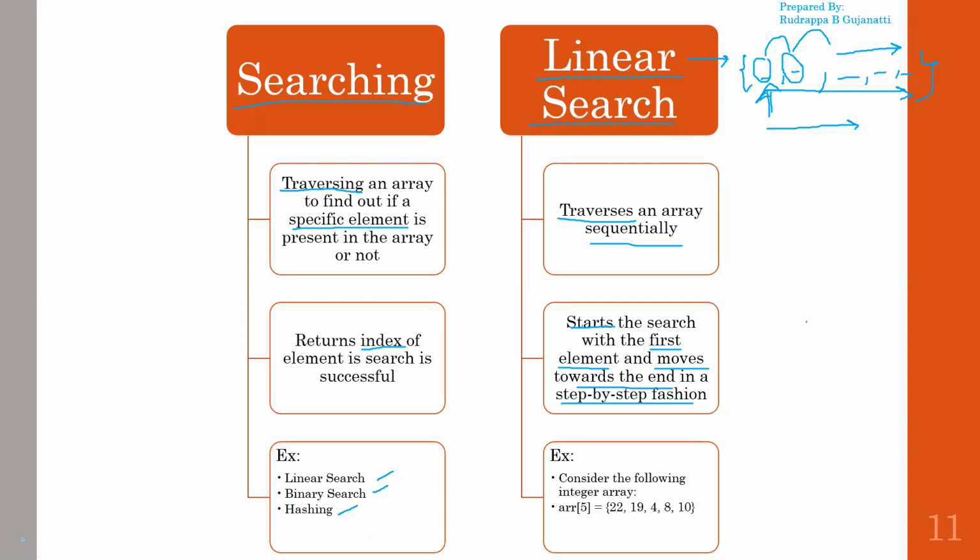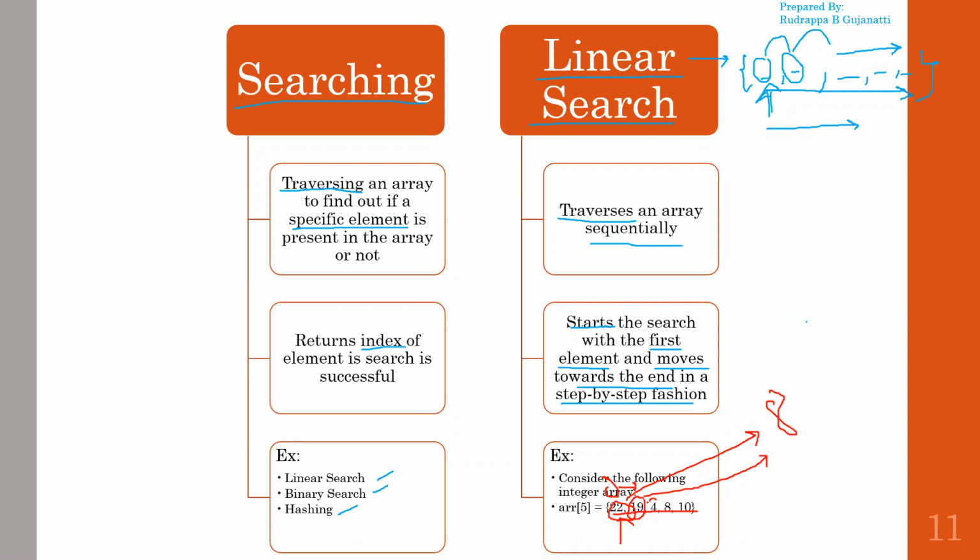For example, we can observe here that the array consists of 5 elements. Say I have to identify whether element 8 is present or not. In linear search, we start off with the first element, 22, at index 0. The element 22 is compared with 8. They are not equal, so the index is incremented and the next element is taken. 19 is compared with 8, and these are not equal.